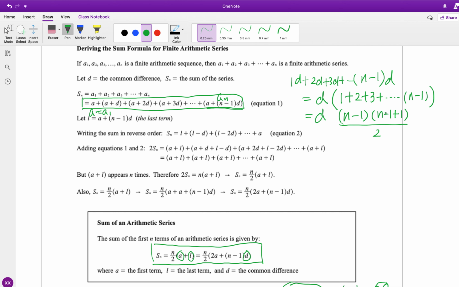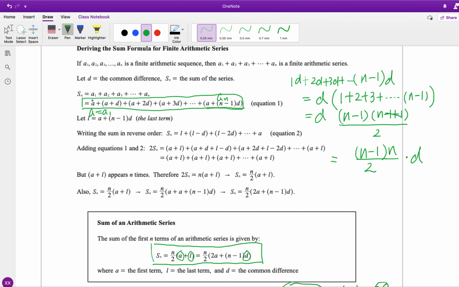Now plus 1 minus 1, that's gone. So this many d together give me n minus 1 divided by 2, multiplied by n, multiplied by d.